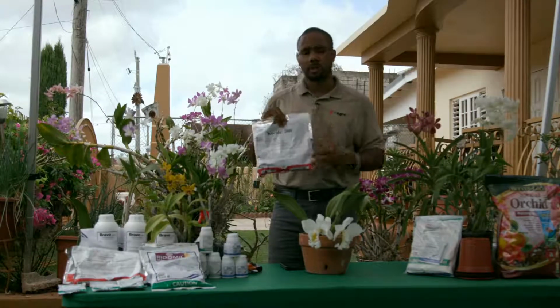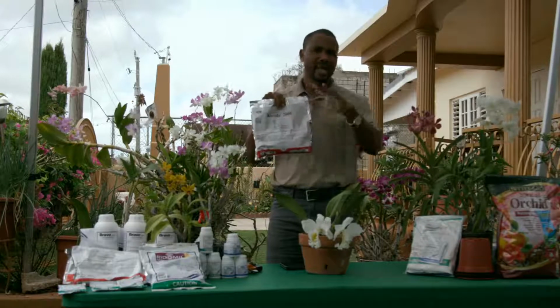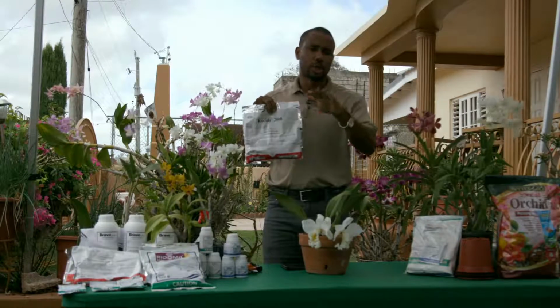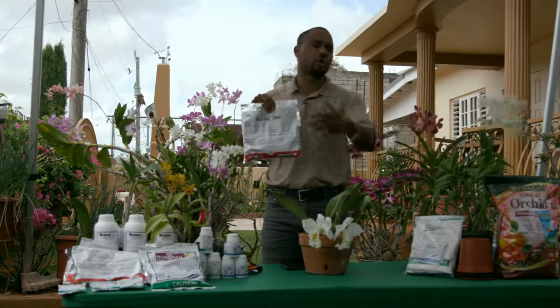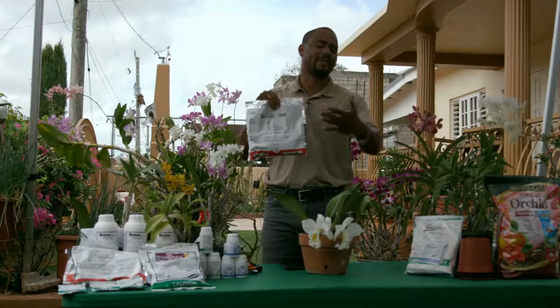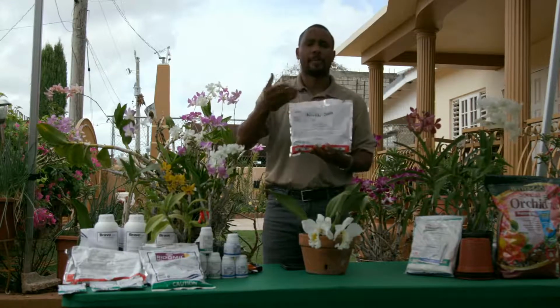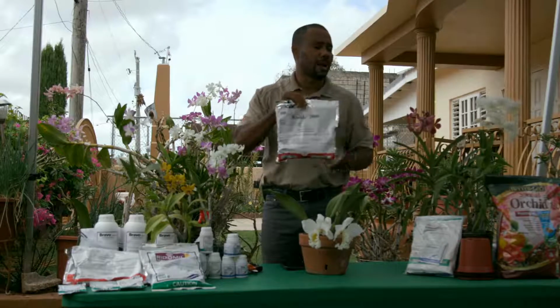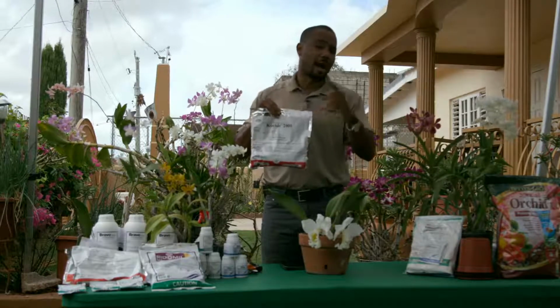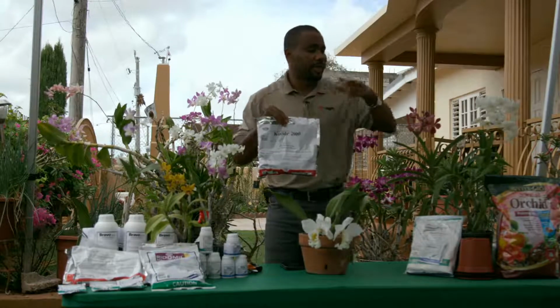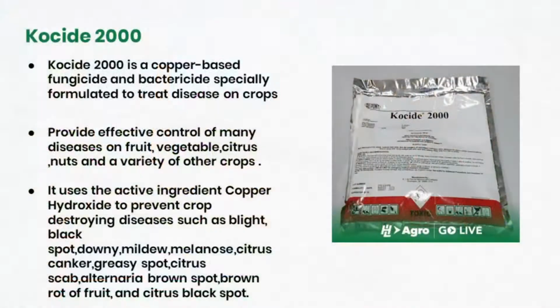But key to note, copper can be quite toxic to your dendrobium. Dendrobiums tend to show greater phytotoxicity when copper is used on them, and as such you may have a bit of bloom fall. But as I tell you, it is always best for you.